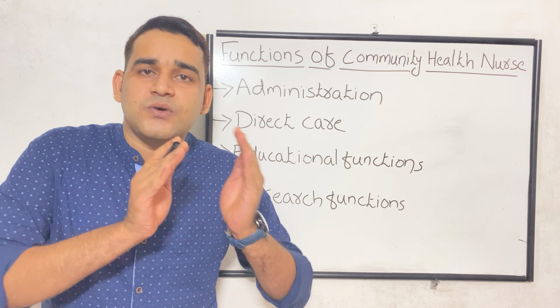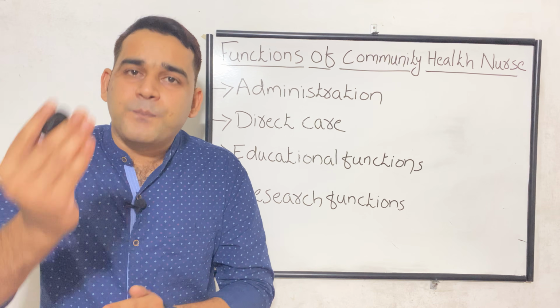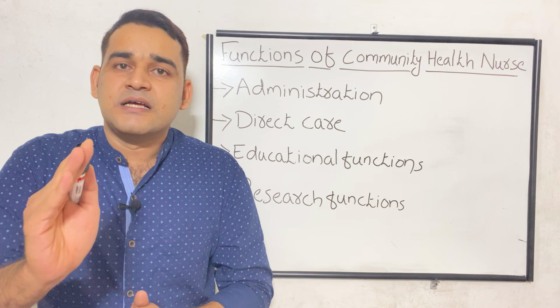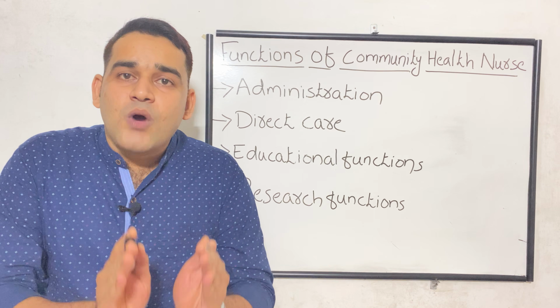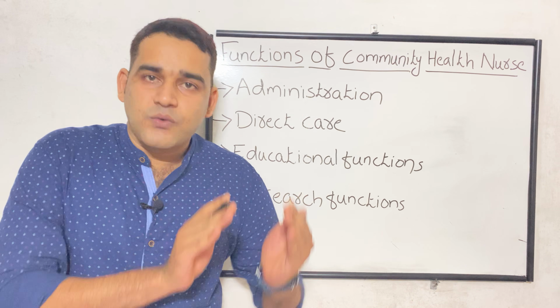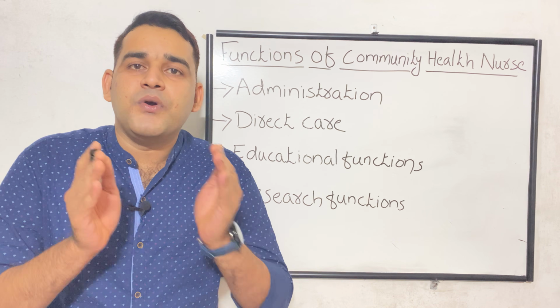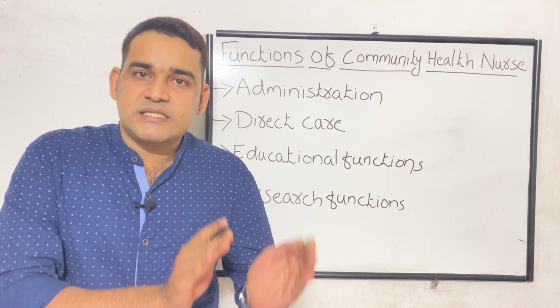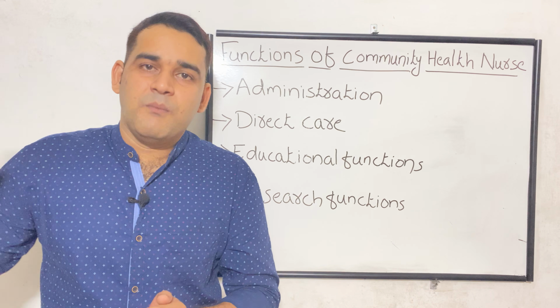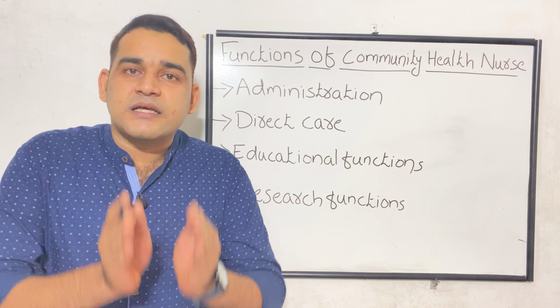After getting that solution, you have to apply or implement that solution. After implementation, you have to evaluate the outcome: how the community members are faring now, whether they are satisfied with this care as compared to the past. That is the research function.